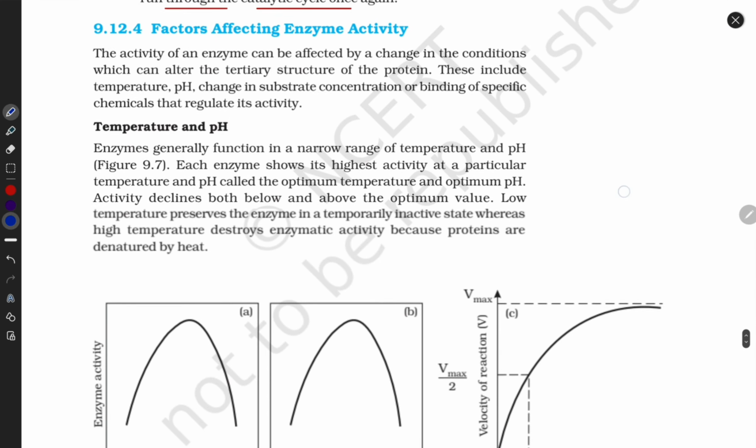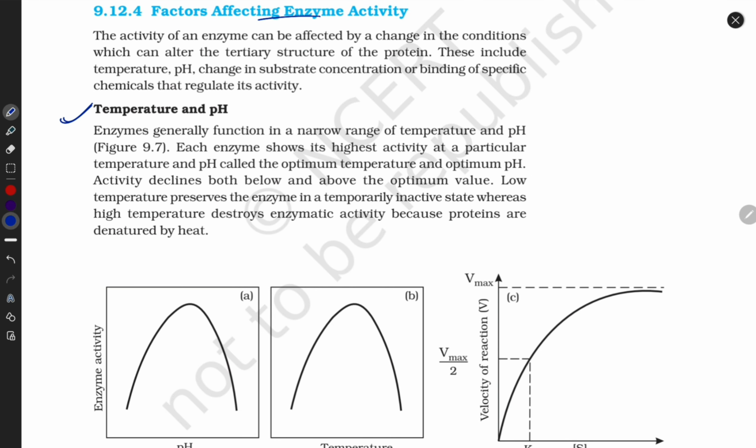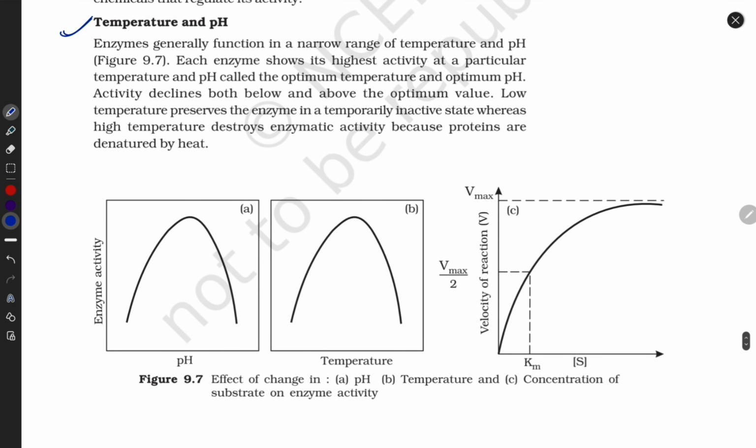There are some factors, guys, that affect enzyme activity. First is temperature, and here is concentration. This is graph A, for pH; this is graph B, for temperature; and this is graph C, concentration of substrate.